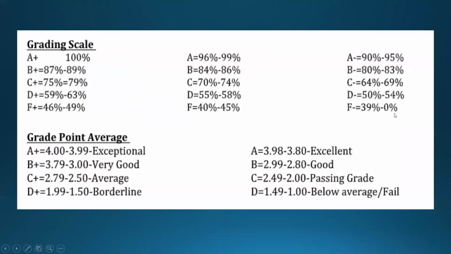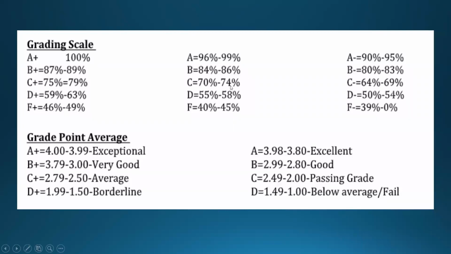Like I was saying, from 0 to 39% is F minus. 40 to 45 is F. 46 to 49 is F plus. D minus is 50 to 54. D is 55 to 58. D plus is 59 to 63. C minus is 64 to 69.